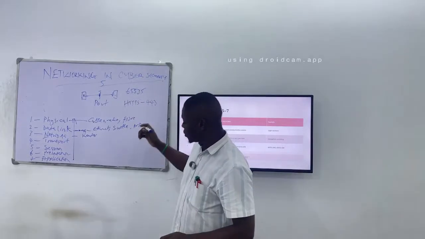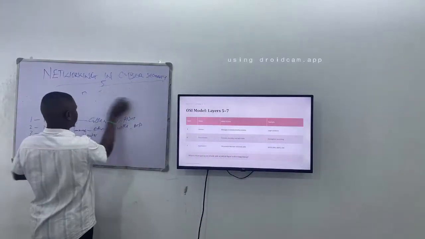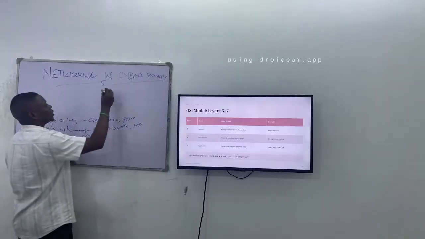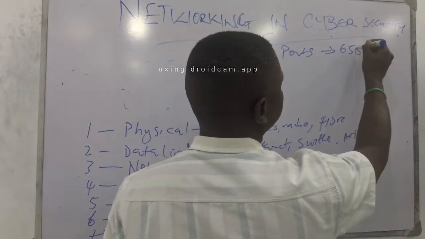So we have the well-known ports. What's in this? Ports. The total number is 65,535.